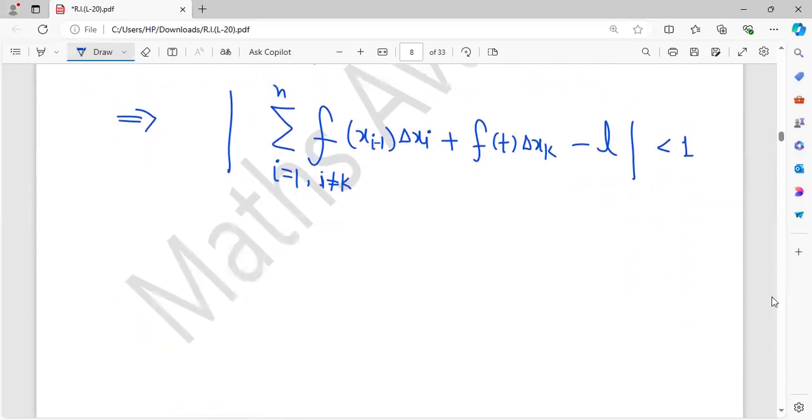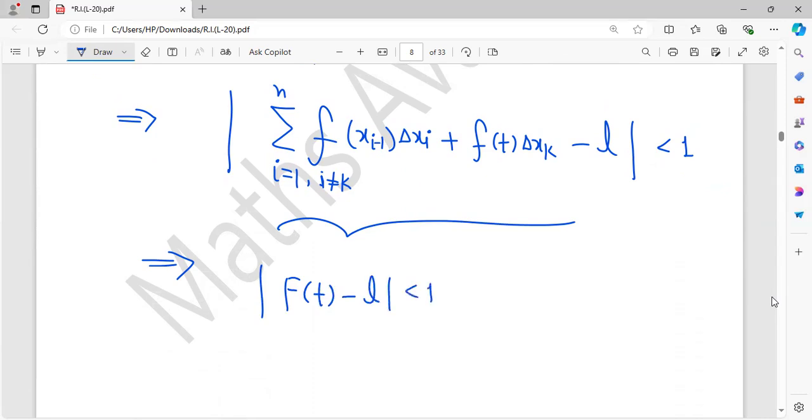So this implies this is nothing but |F(t) minus L| less than 1 for all t belongs to [xk-1, xk].